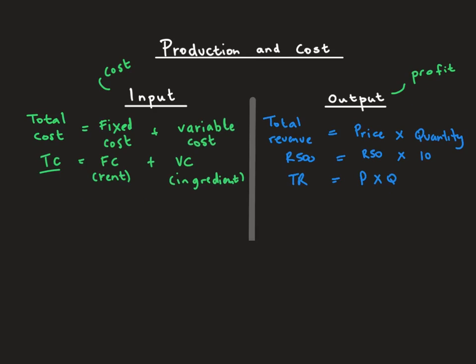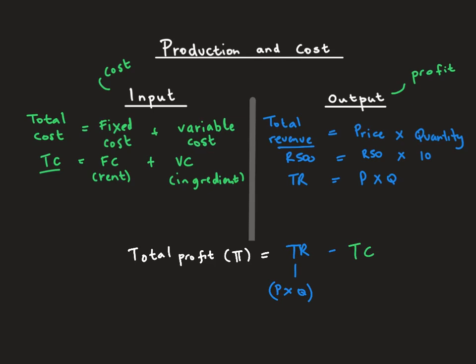For now, though, we can still calculate our total profit. So total profit, which is represented by a pi sign that looks like that, is equal to total revenue minus total cost. And here we understand now that to calculate total revenue would be price times quantity, as we listed here.